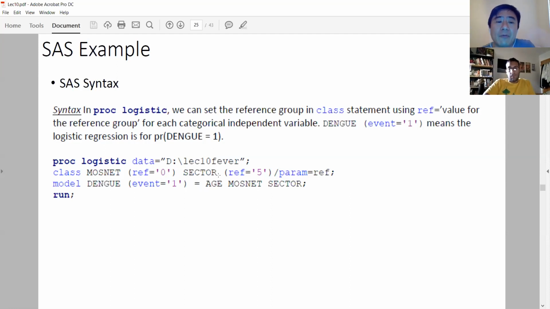If you think that's confusing, my suggestion is to always first convert to a 0 and 1 variable. No, it's not confusing.